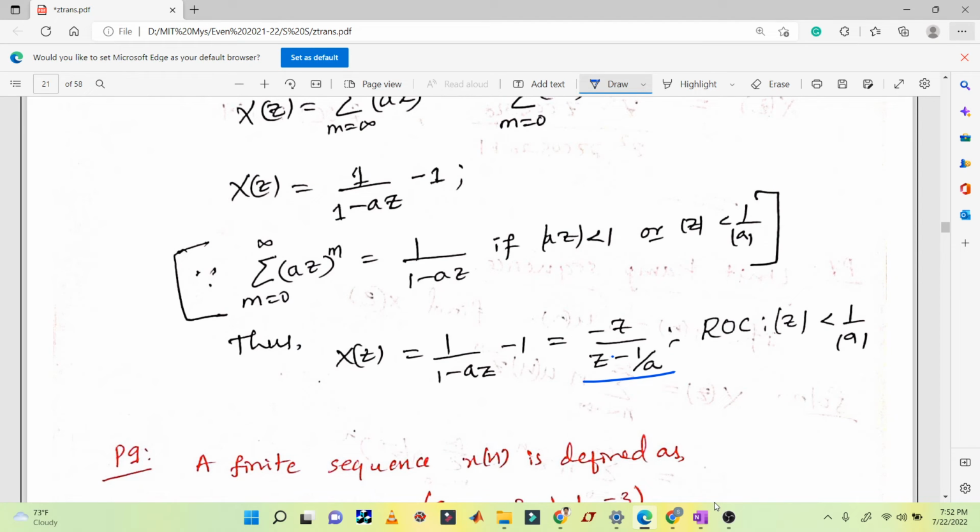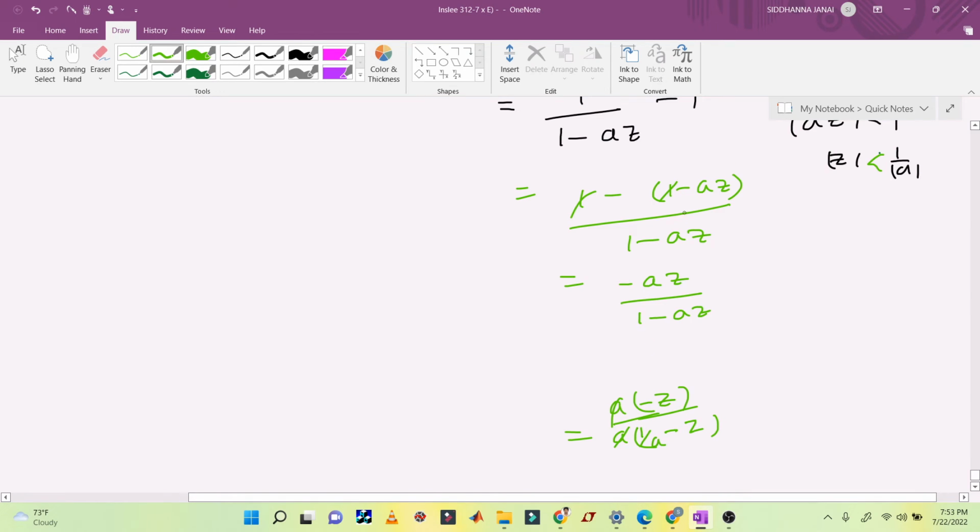Z minus 1 by a. Yes, it is correct. Here we did not put this minus into minus is plus. So it is plus z divided by 1 by a minus z.